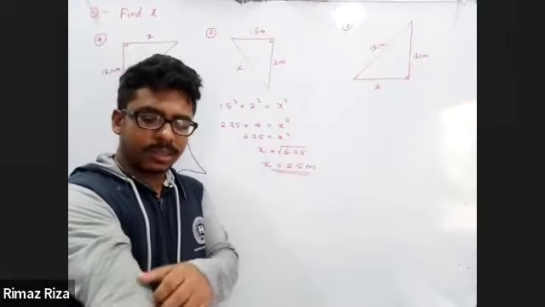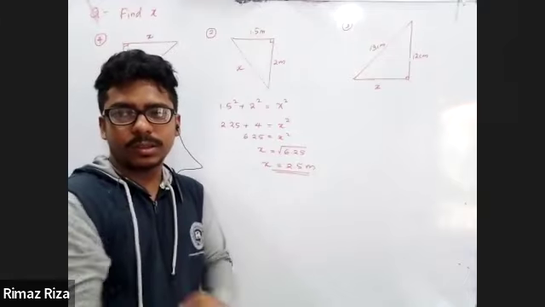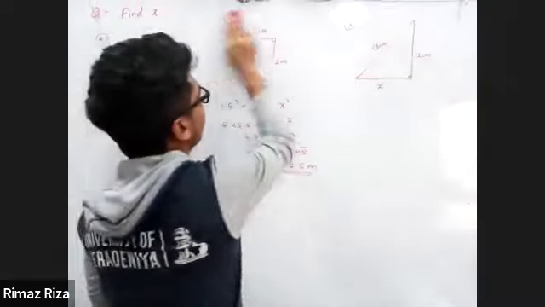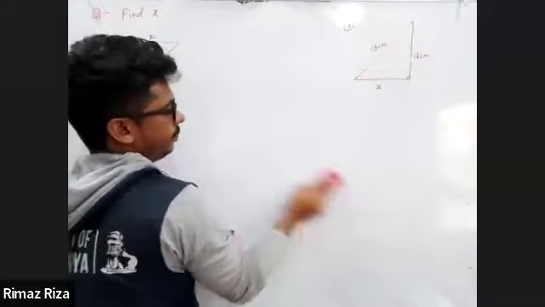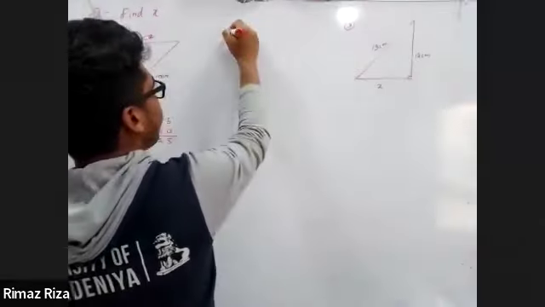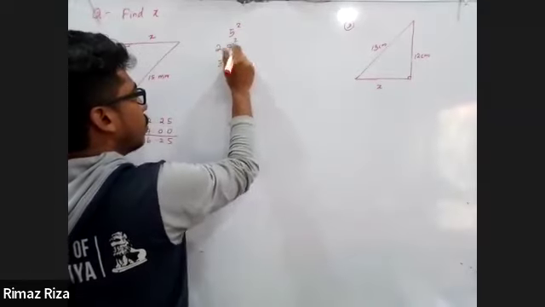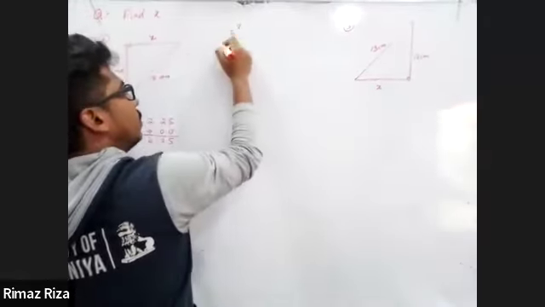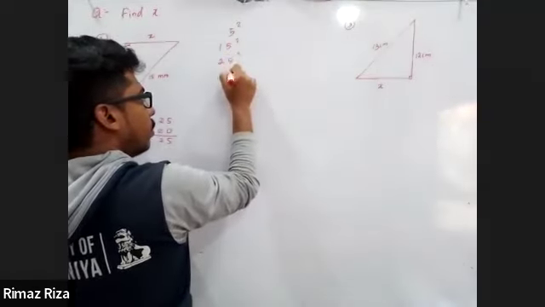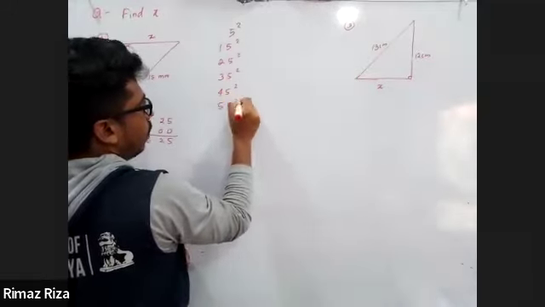By the way, I'll tell you an easy trick to get 15 squared, 25 squared, 35 squared. Here, listen. 15 squared, 25 squared, 35 squared, 45 squared, 55 squared.